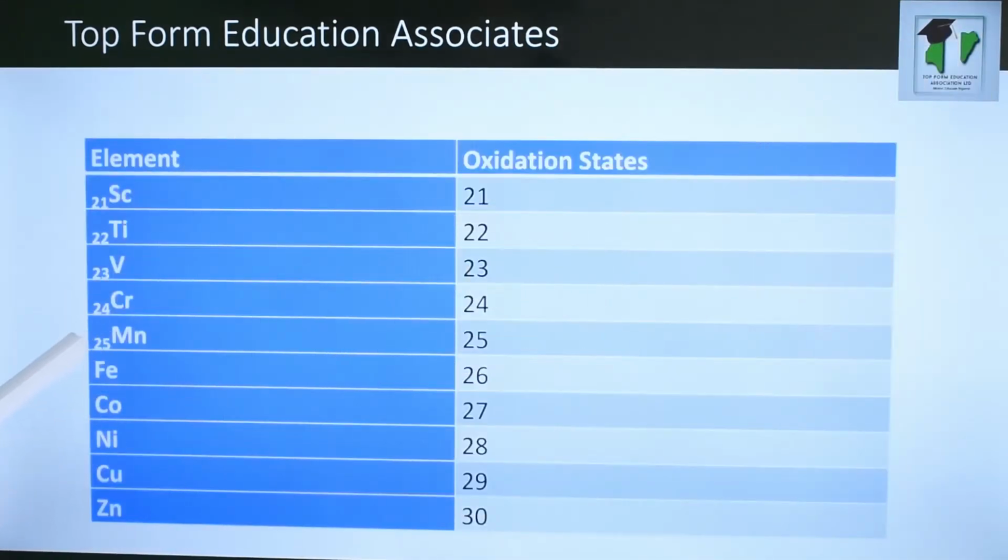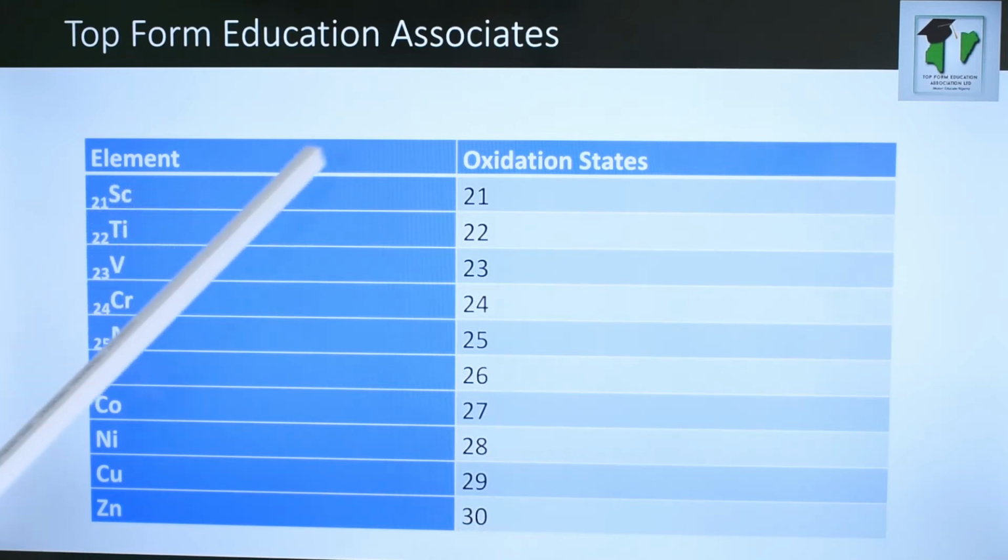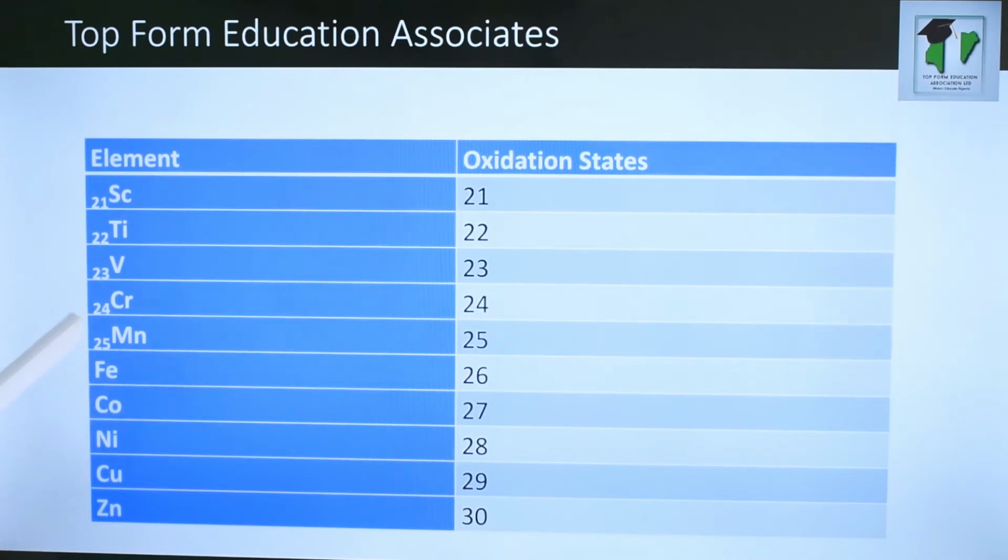The table on the board shows the oxidation states of the first series of the transition metals. You can see scandium, it has 21. The number at the subscript of each element shows its atomic number.